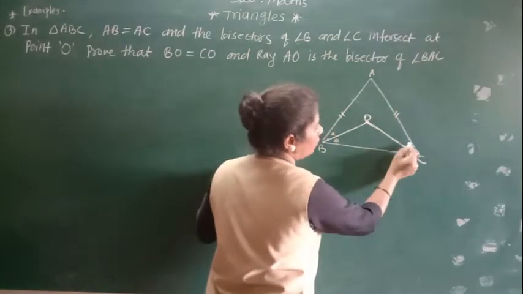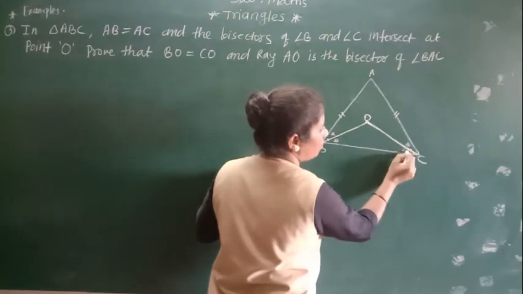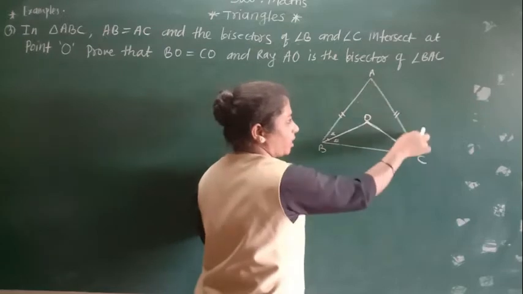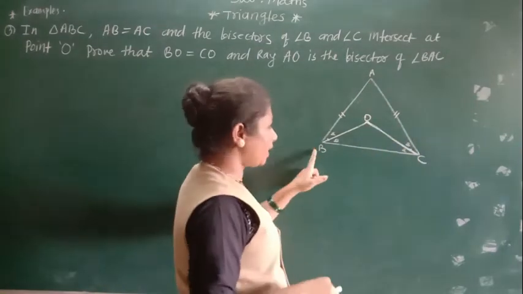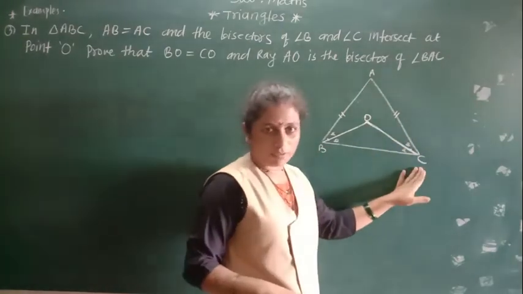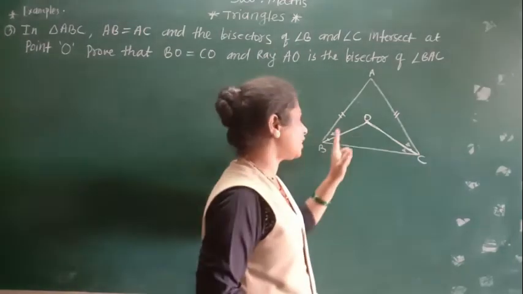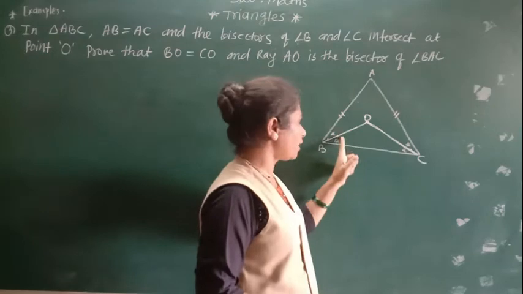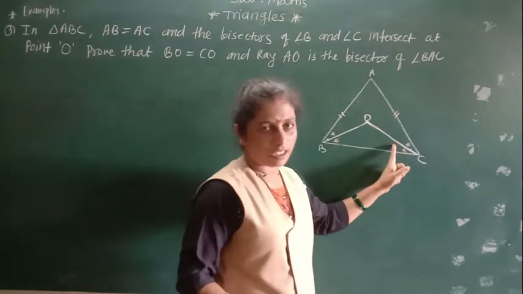Here also it will be the same. This is the same marking I am doing because of this property, AB equals AC, then already angle B and angle C are equal. And if you draw the bisector, then all four parts are equal to each other, meaning the four angles' measurements will be equal to each other, right?